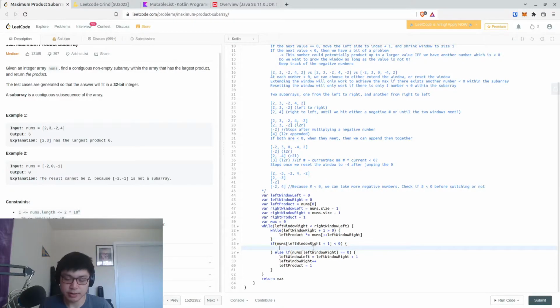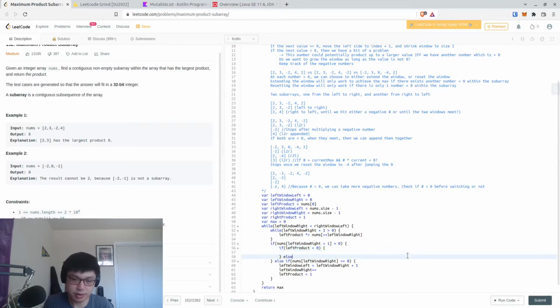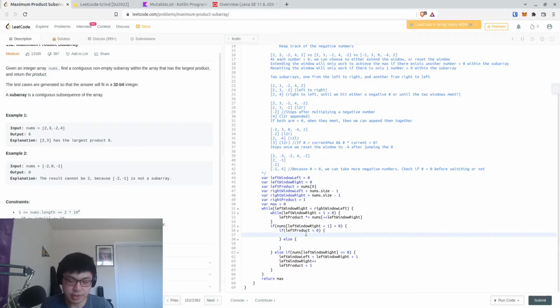If the window is less than 0, then we check if left product is less than 0. Otherwise, if the left product is less than 0, then we can just say left product times equals nums at left window right.